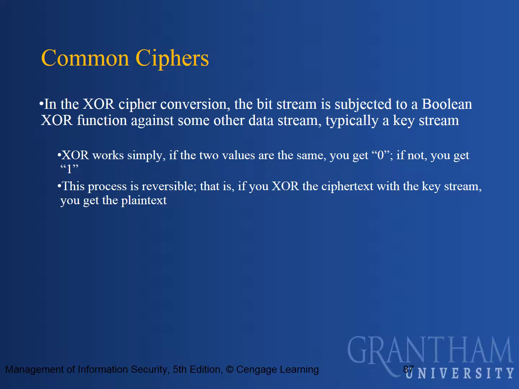If you've never worked with logic gates, the XOR function is shown in this slide. Note that the XOR cipher conversion takes the bit stream and subjects it to the Boolean XOR function against some other data stream, typically called a key stream.